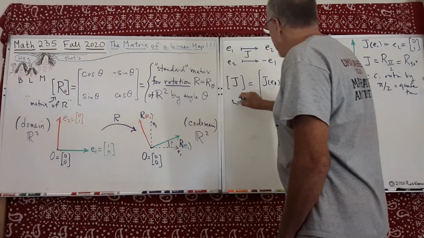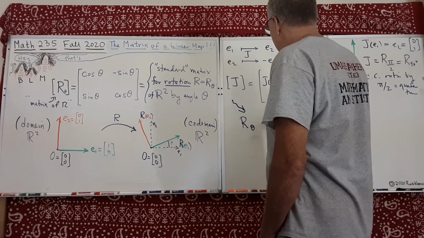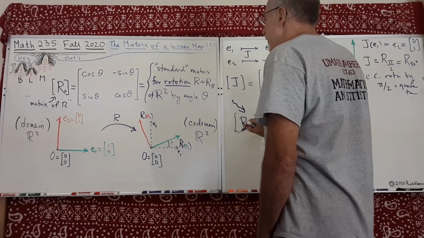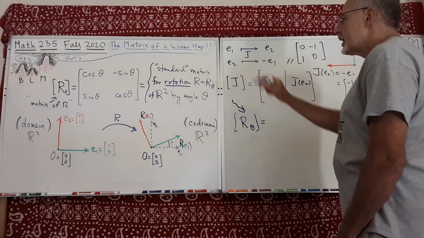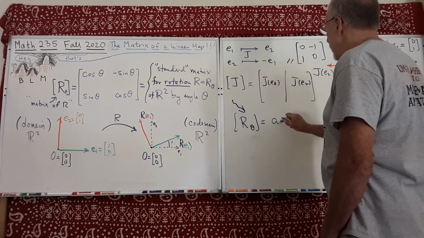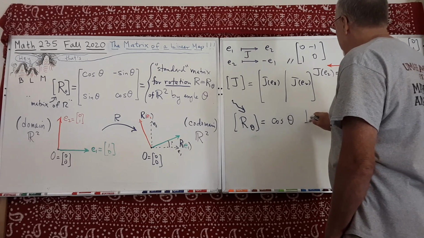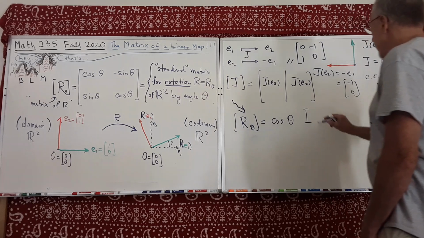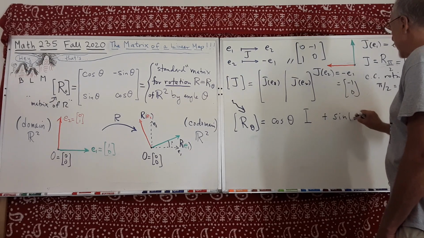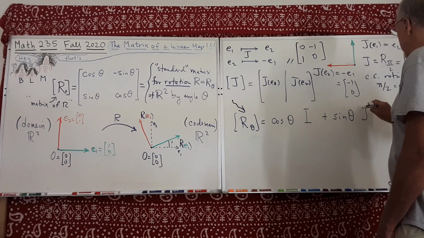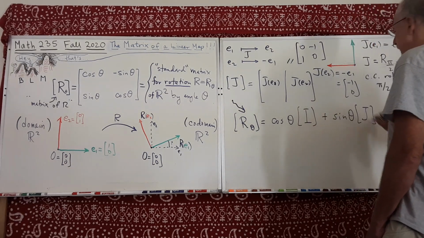So this implies I can write R of theta, put the brackets around it if you like, as cosine theta times the 2 by 2 identity matrix, plus sine theta times this matrix J. So maybe I'll put brackets around it just to remind you I'm talking about a matrix here.